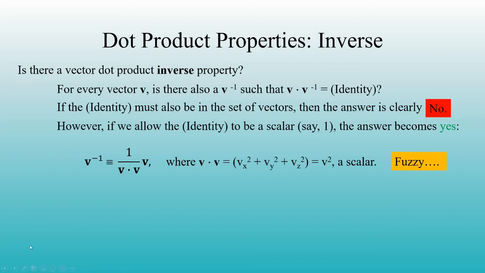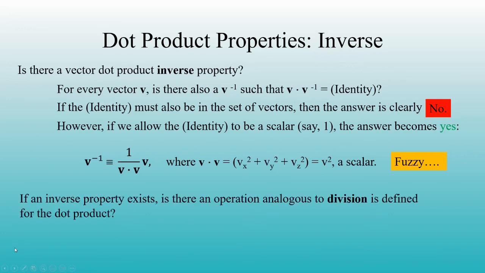Well, let's consider how we typically use the inverse property. The first application is almost always that we use it to prove that the property of division exists. So let's explore this. If we define the scalar a as the dot product of the vectors b and c, can we then define the vector b as scalar a divided by dot c?